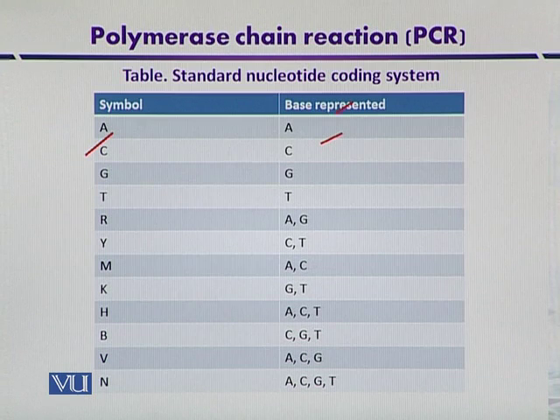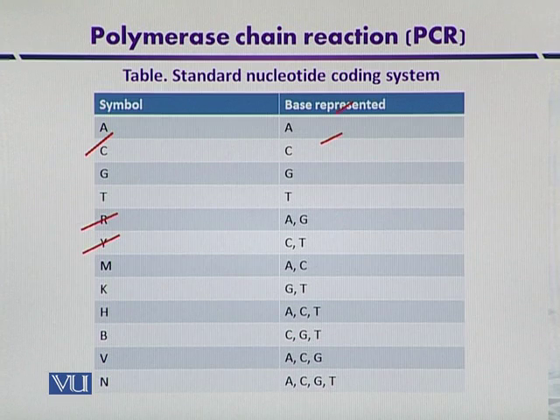Like if R is given in the sequence, it means it contains a mixture of two fragments: A may be there, and in the second fragment it may be guanine. Similarly Y is represented by C and T bases.